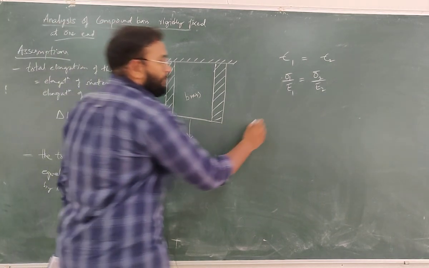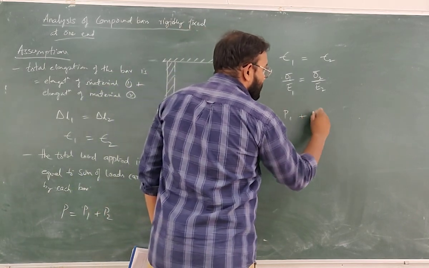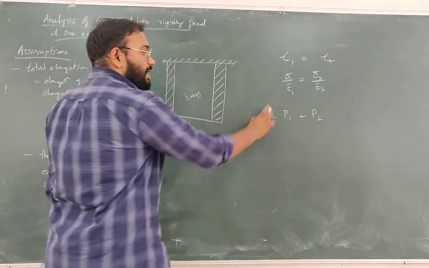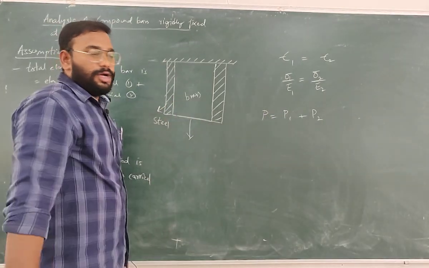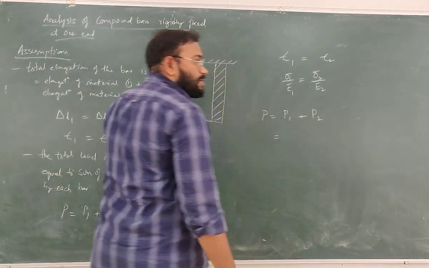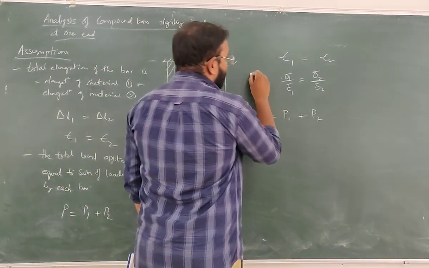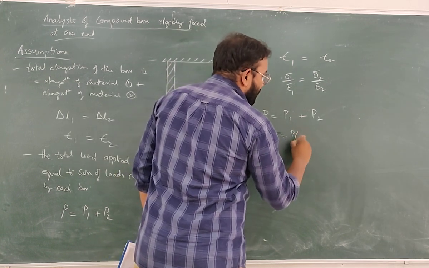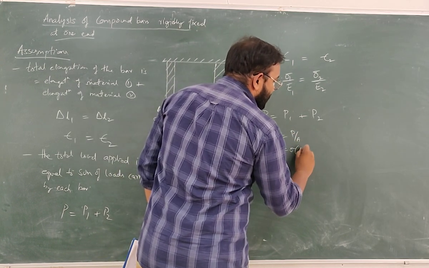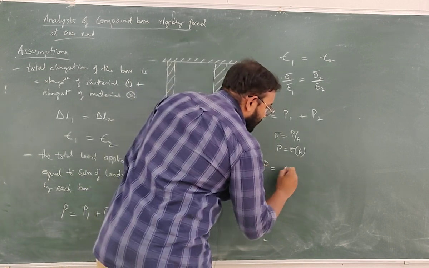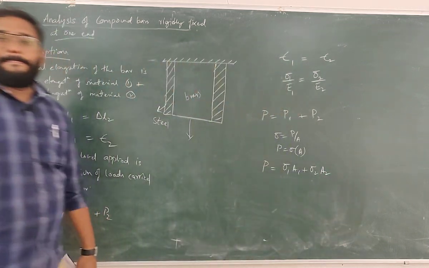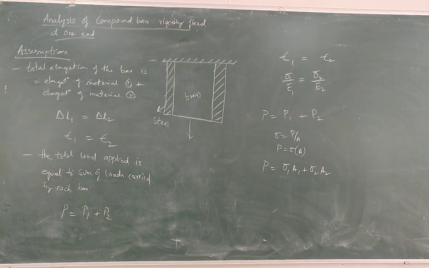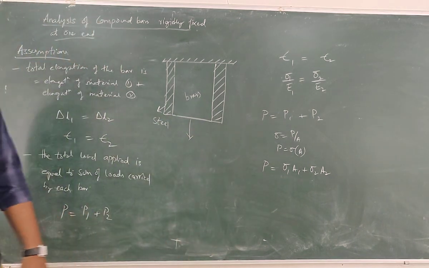And also we said P is equal to P1 plus P2, right? Total load acting on this compound bar is equal to the load acting on material 1 and material 2. Now what is P in terms of sigma and area? Sigma is equal to P by A, or P is equal to sigma into A. So P is equal to sigma 1 A1 plus sigma 2 A2. If I calculate the stress acting on each portion, I can calculate the total load.